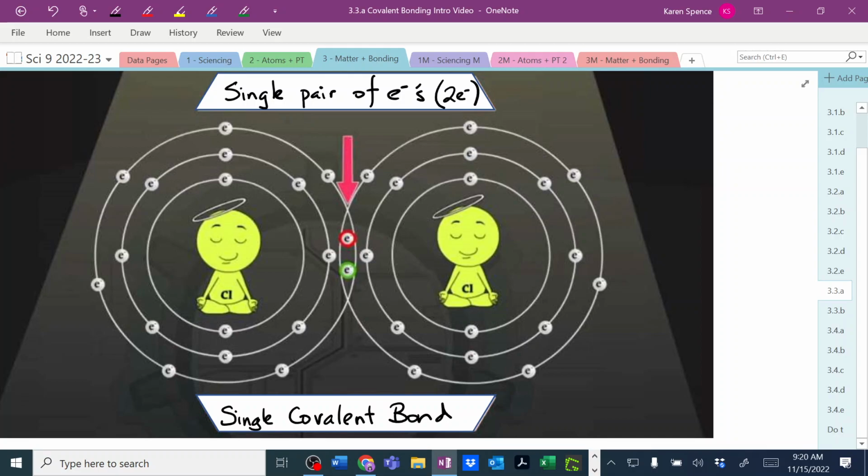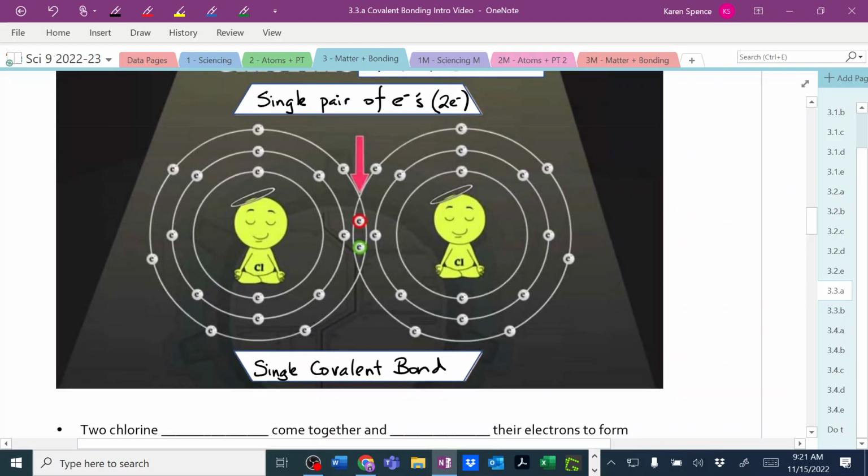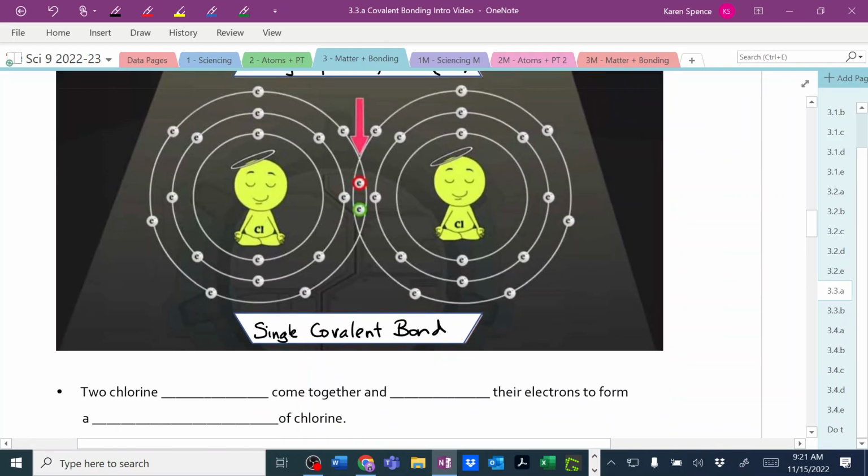Why do the chlorines look so happy and serene right now? Because they're stable. They have that full outer shell, which makes them super stable. So 2 chlorine atoms come together and share their electrons to form a molecule of chlorine.